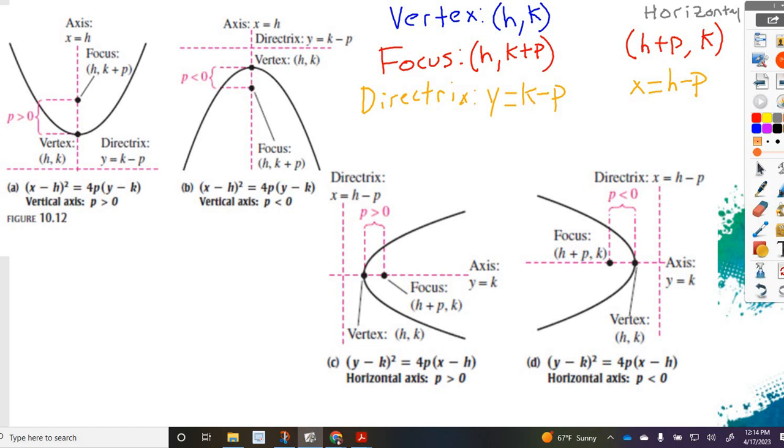And then the last thing to notice is that you're going to go up if p is positive, and down if p is negative. We will go right if p is positive, and left if p is negative.